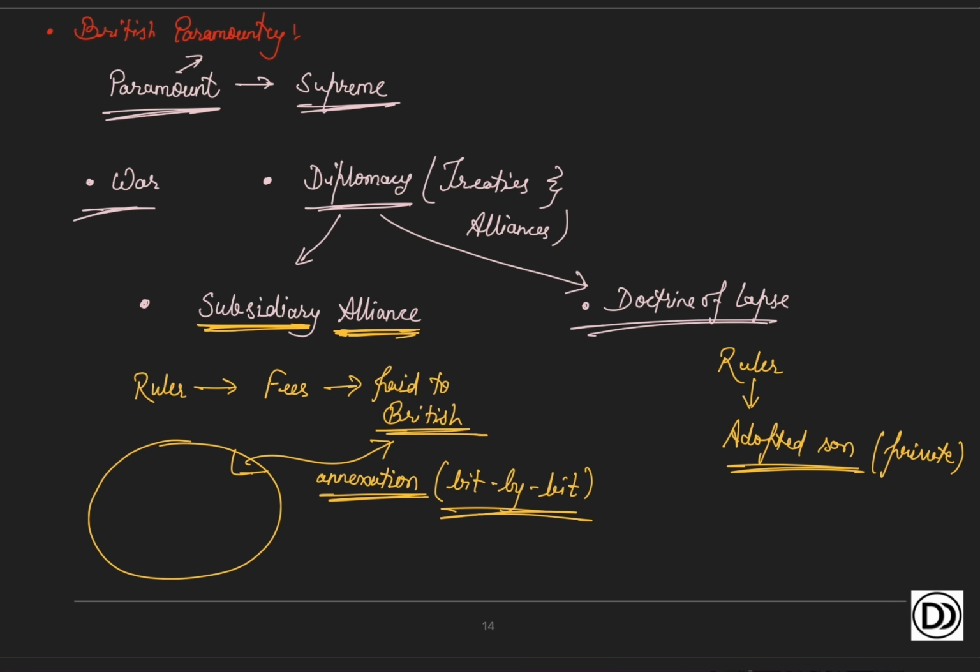In case the ruler dies, the adopted son can get only the private property of the father or of the ruler. But the throne, all of his territory, all of his kingdom will go to the British government.